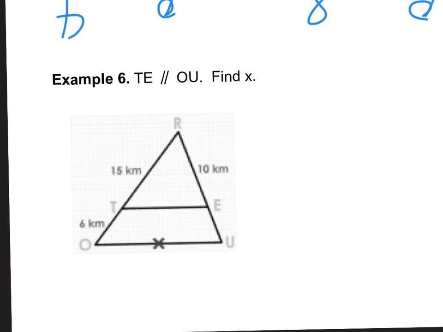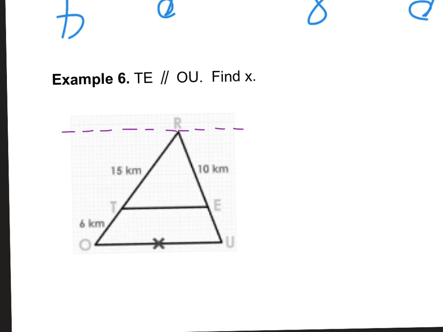But, as a general rule of thumb with triangles, we can draw a third parallel line that goes through R such that this line and this line are all parallel to each other. Because through points exist lines, going back to our basically first class. Lines go through points, and we can have exactly one line going through this point that is parallel to the other lines. As such, we have our 3 parallel lines.